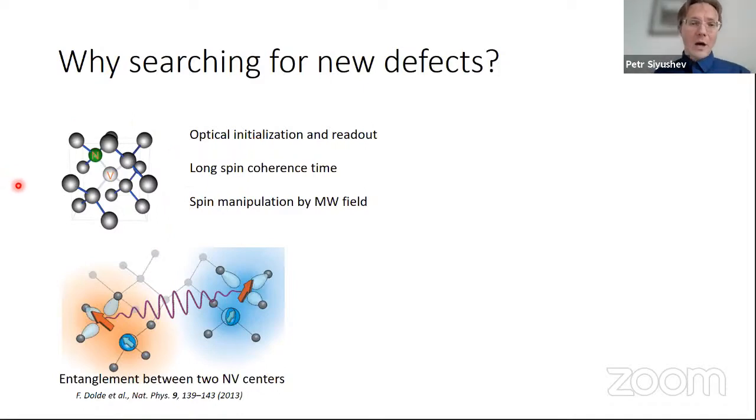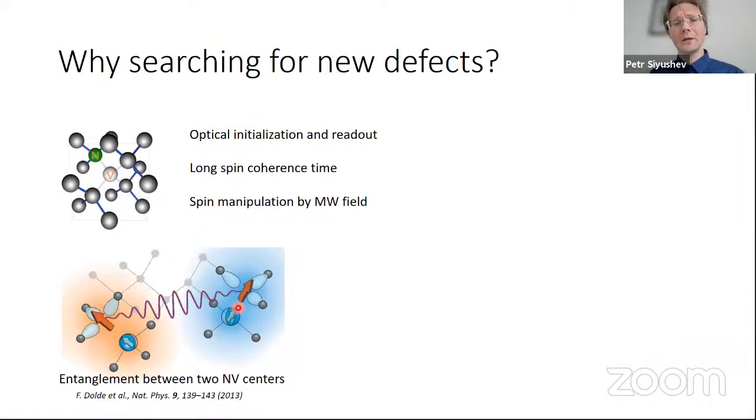And if you think about creating some quantum register based on nitrogen vacancy centers, you can place several nitrogen vacancy centers in a diamond and make them talk to each other by magnetic dipole interaction. However, in this case, you need to place nitrogen vacancy centers very close to each other, on the order of 10 nanometers.